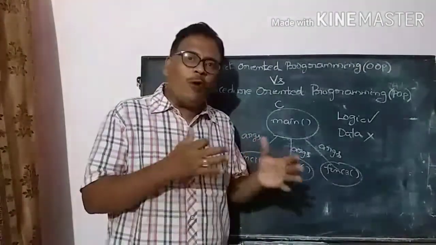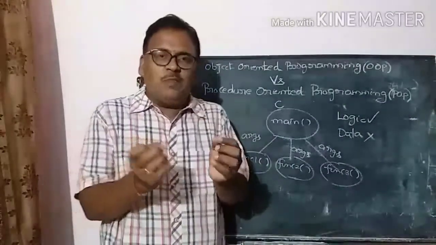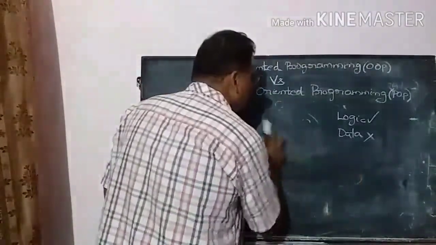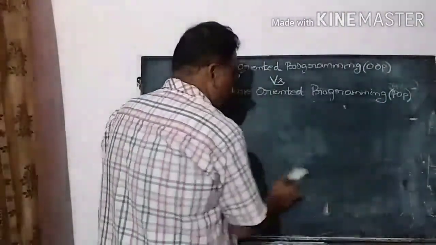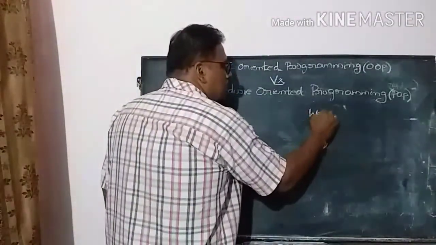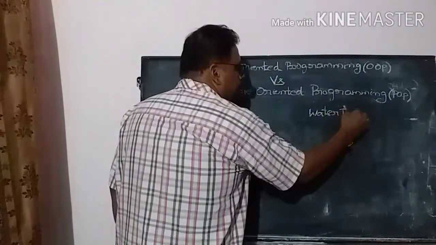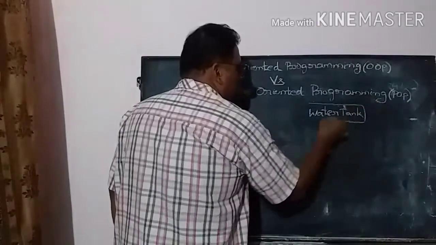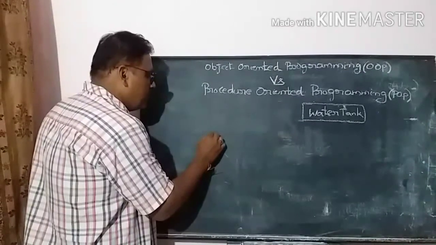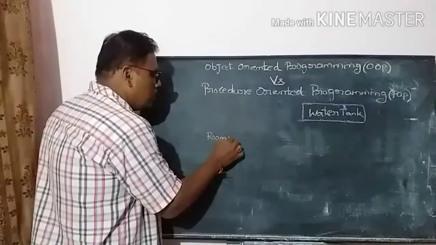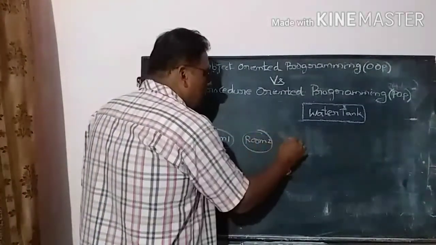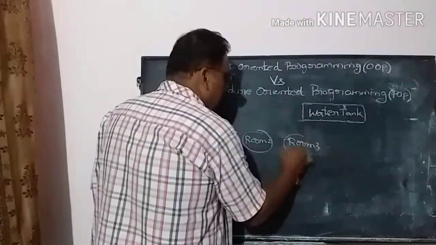I will explain POP and OOP with a small example. Here there is a water tank, and this is room 1, room 2 and room 3.